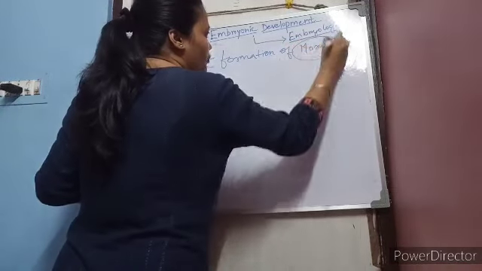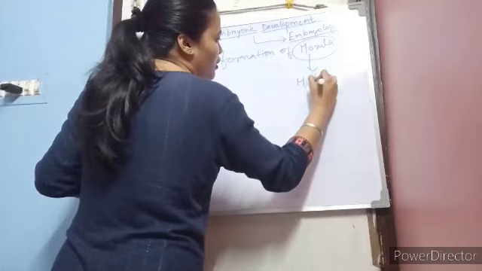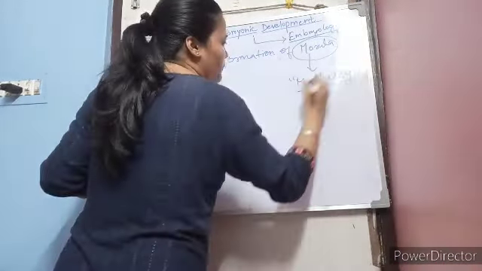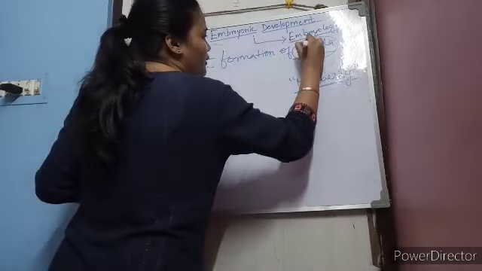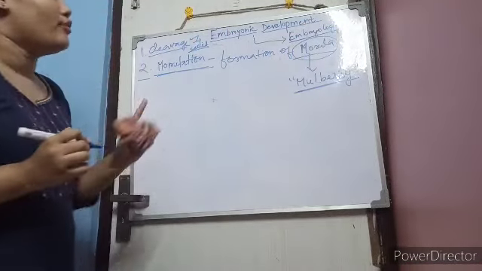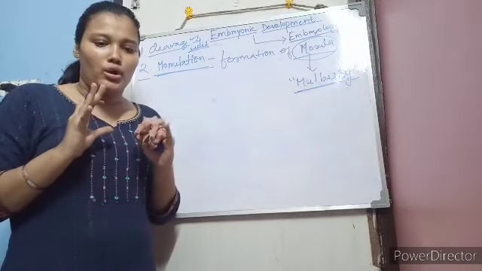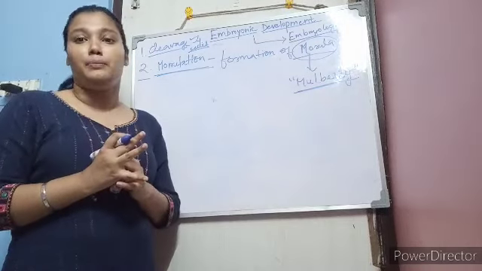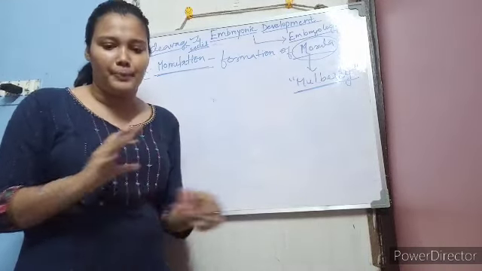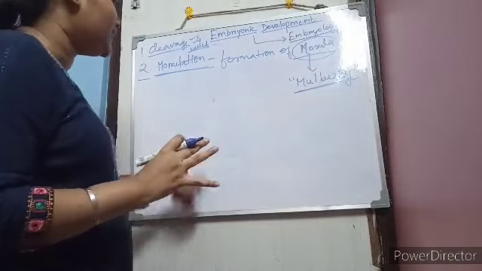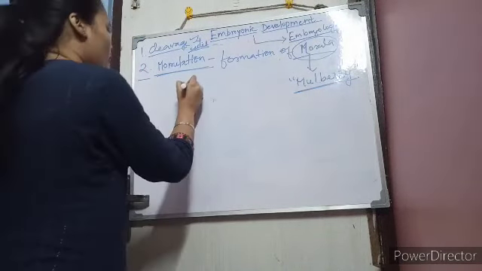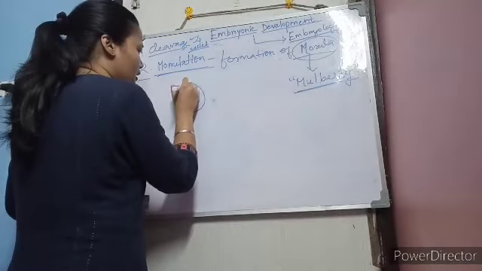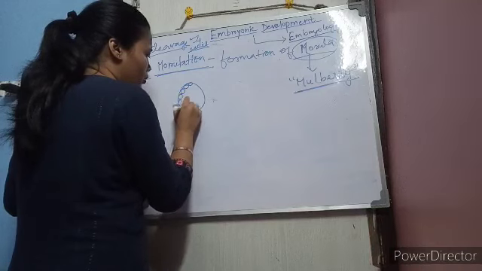The term morula came from mulberry, which is a fruit. From the term mulberry, morula was derived. Now in the morula there is a rapid cell division taking place. This is dividing and dividing, and now in the morula we can see the cells surrounding around.